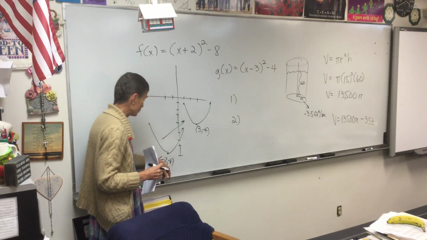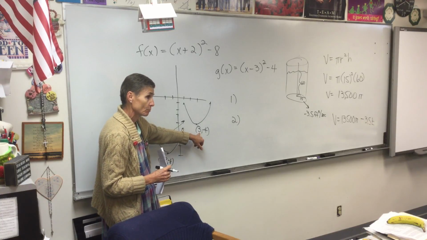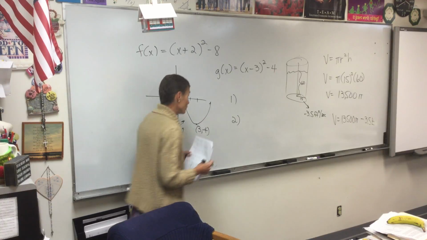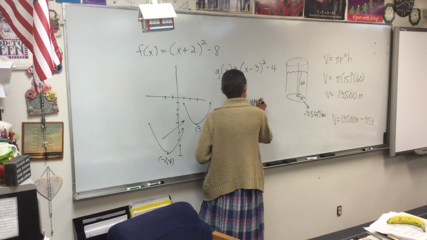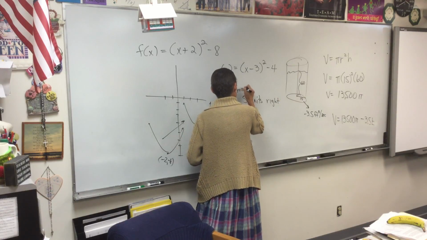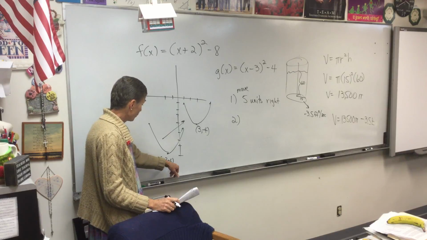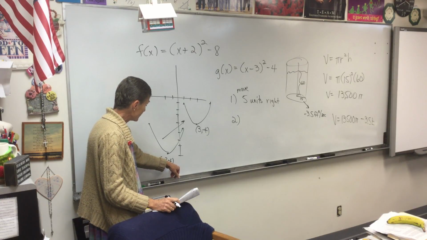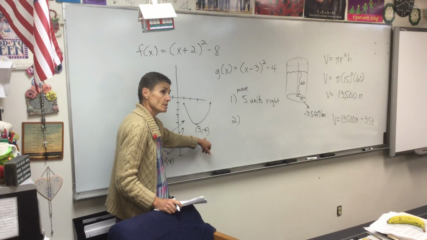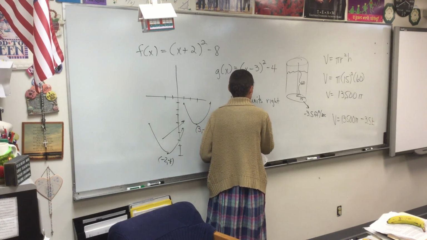Well, you're going to have to move it from -2 to +3, which means you're going to have to move it 5 units to the right. All right, what else are you going to have to do to it? Well, it's got to go from -8 to -4. So you're going to have to move it 4 units up.